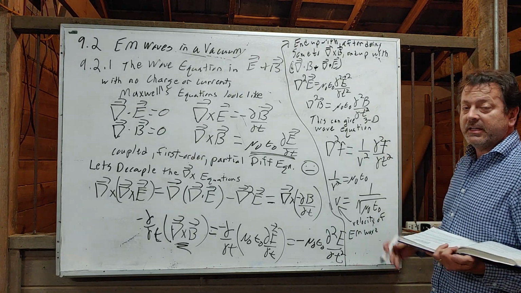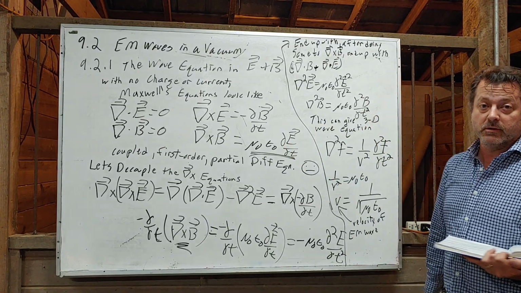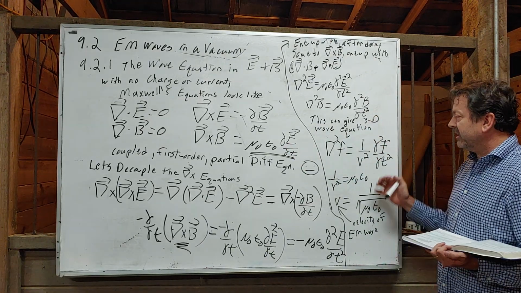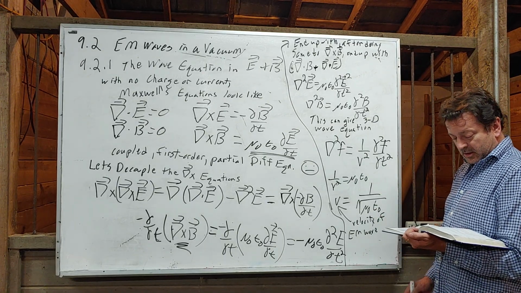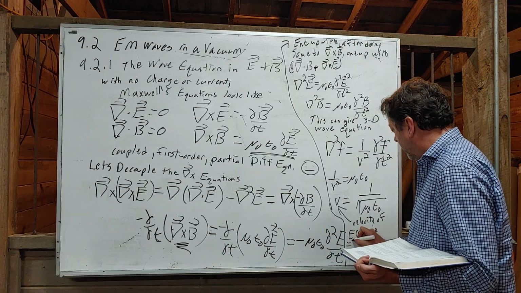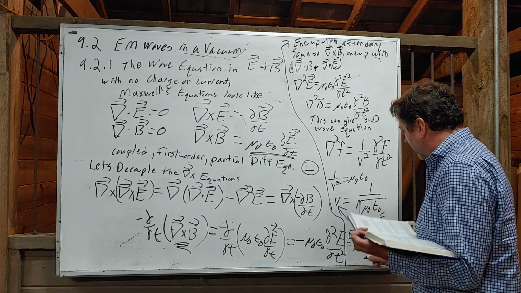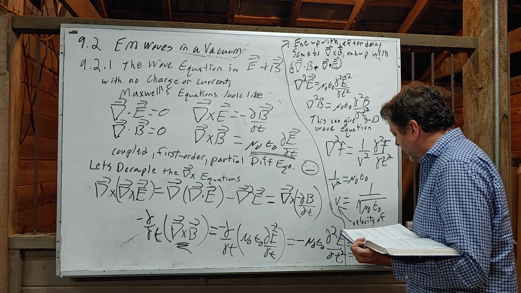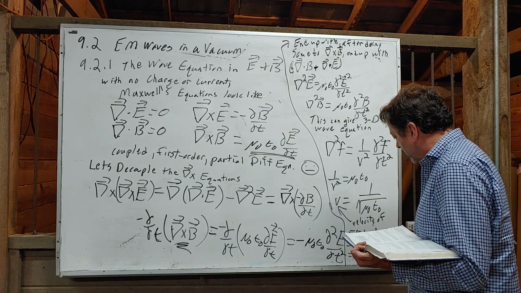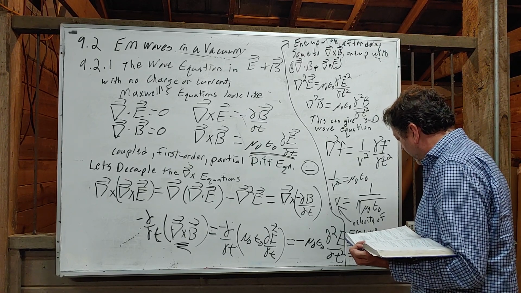It's a rate of change. These things are oscillating up and down as it's moving forward. Now, it's hard to really see that. I'm going to get to that in just a minute. But that's really cool. And by the way, what is this value? You probably know it's 3.00 times 10 to the 8 meters per second, which is about 186,000 miles per second.